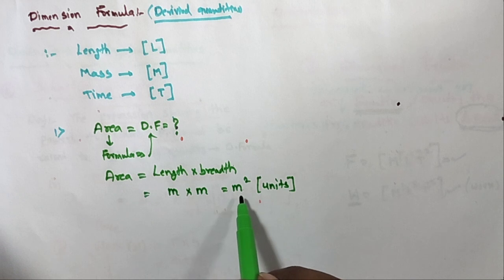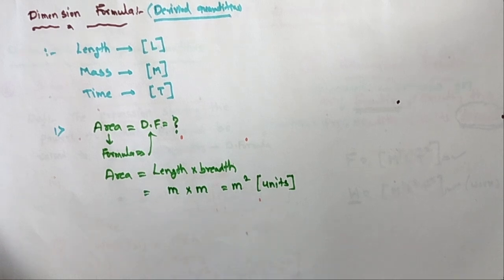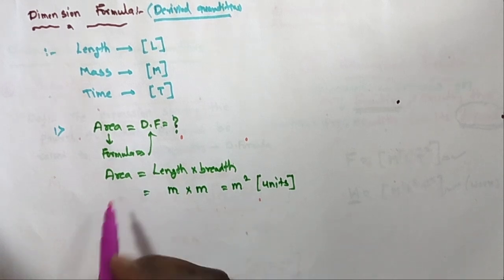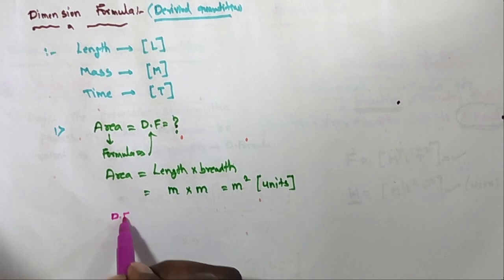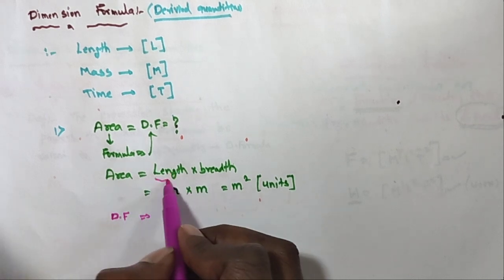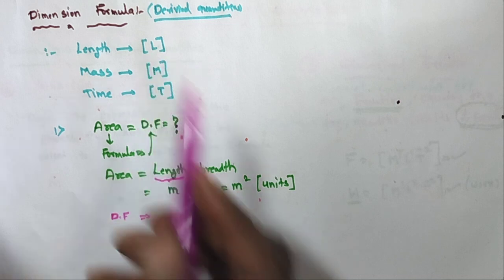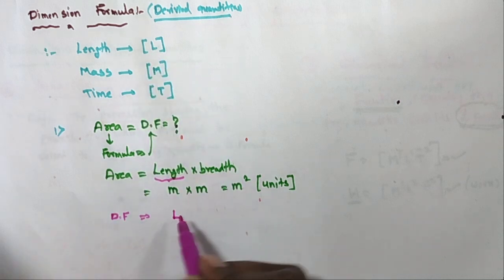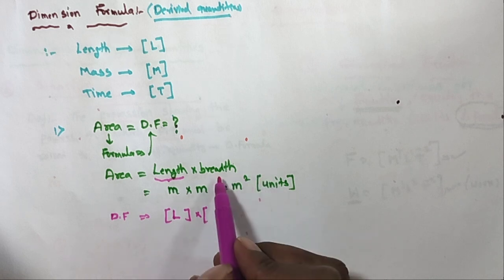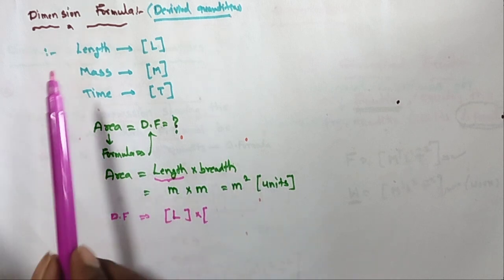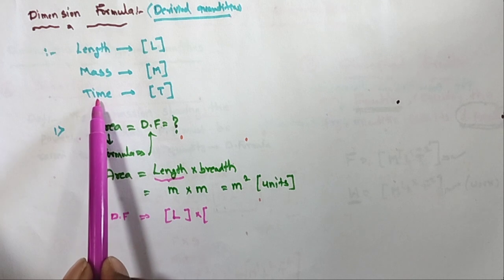What is the area unit? Meter square. So how to write the dimensional formula of the area? What is the dimensional formula of the length? L, into breadth. Breadth is a measurement of which quantity, length or mass or time?